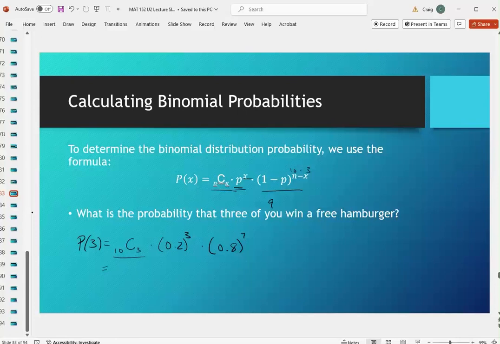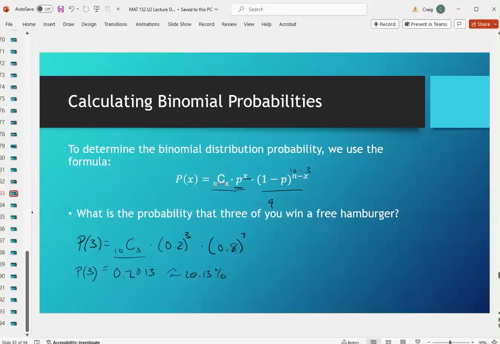And there is a 0.2013, or about a 20% probability that 3 of you will win a free hamburger.